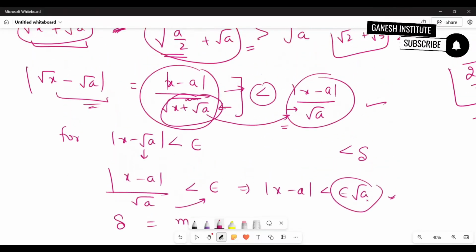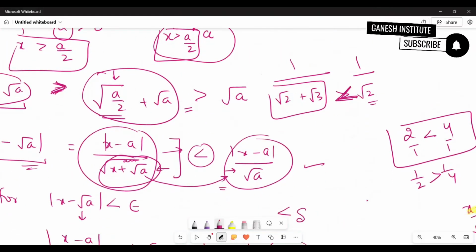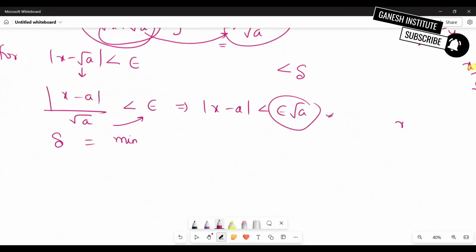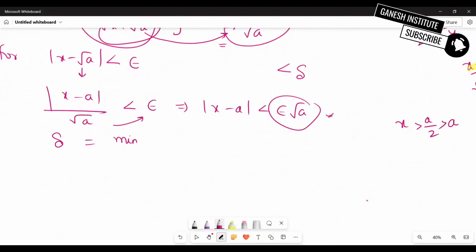At the moment, you have this value here. This is the order x minus a by 2a. Now you consider delta, which is somewhere in between, this value also you've got.